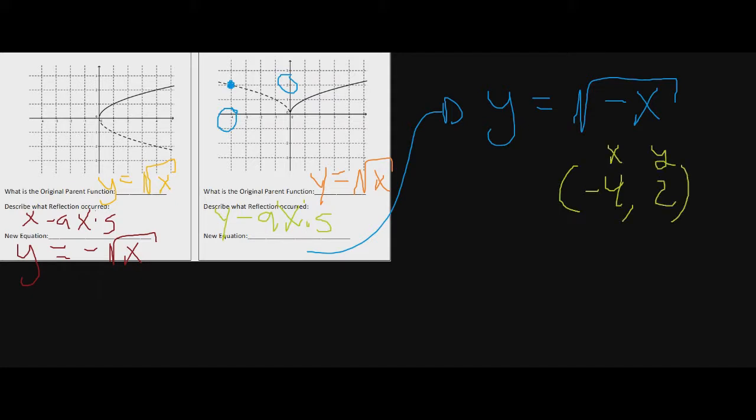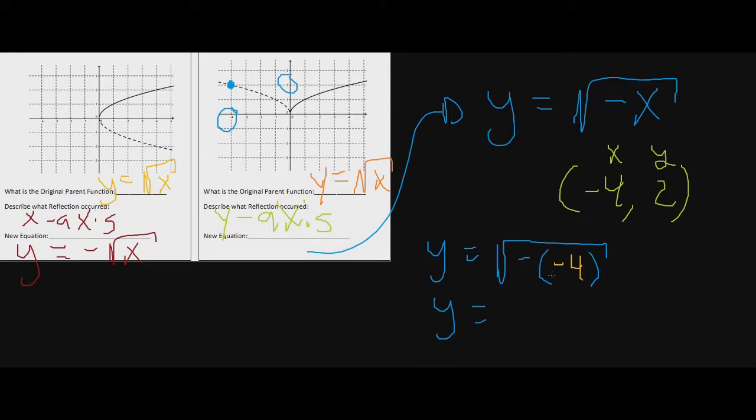So when I plug in -4 into my equation, my y value should be 2. Let's test it out and see what happens. We're going to get y equals the square root of negative, and we put our parentheses, our x value is -4, so we put -4 in here. Now, what's a negative times a negative?